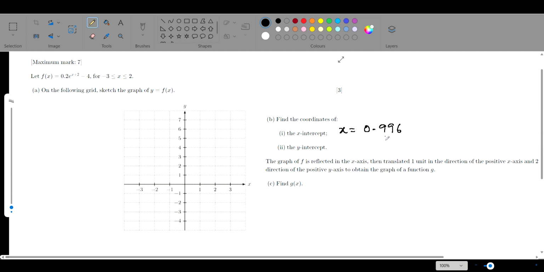That's my calculator. Or even if you solve it using the solver, you can do that. How to solve for the x-intercept? Just put y as 0, f(x) equal to 0: 0.2 e raised to the power x plus 2 minus 4. Use the solver here. And y is negative 2.52.